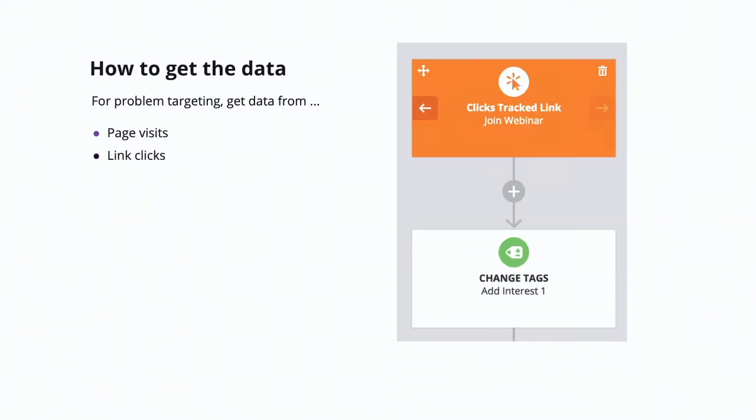Next, if they click a particular link, so maybe you have some links on your website, or you send them an email that says, hey, do you have headaches or back pain? Let me know. Click here. Headaches, back pain, two images. Click headache. We can infer that since they just clicked a link that said headache, they have a headache, right?